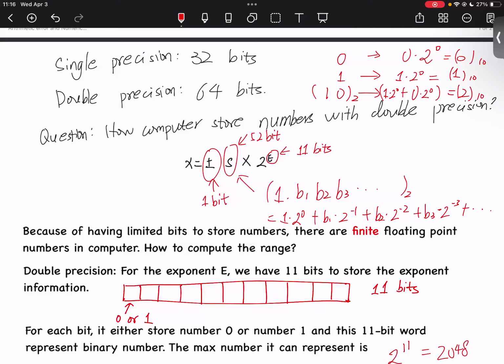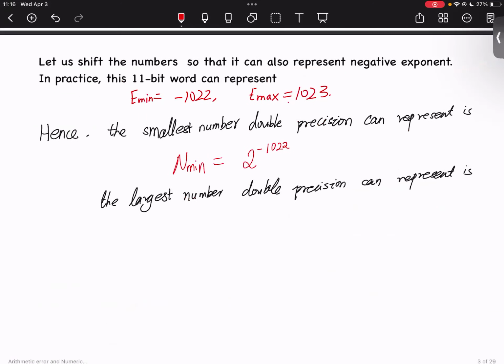So the minimum number is S minimum times 2 to the E minimum. Let me write it again. This is 1 times 2 to the -1022, where the 1 is the 10-base 1.